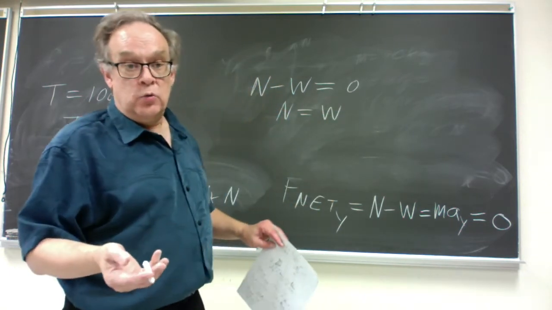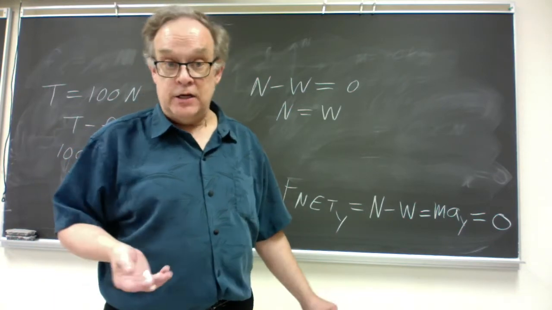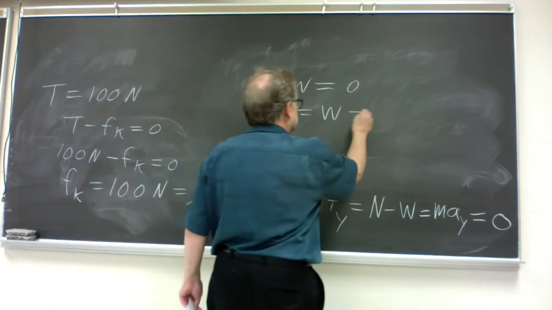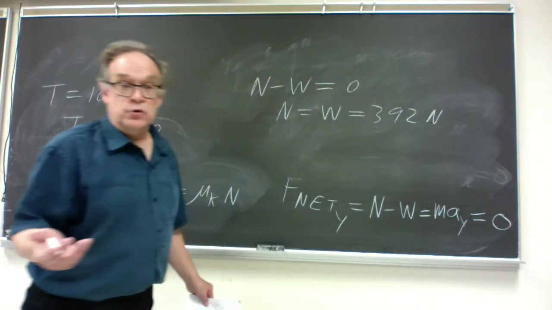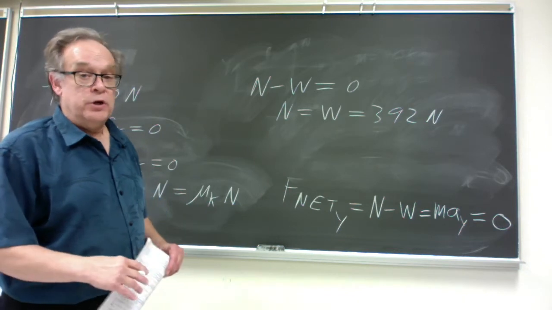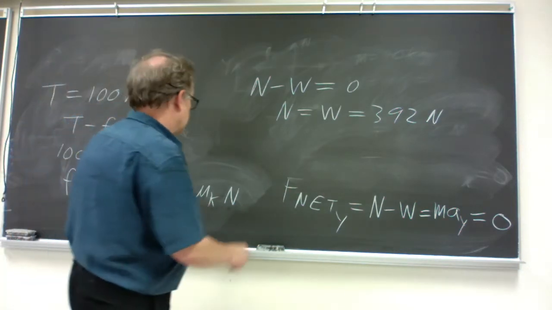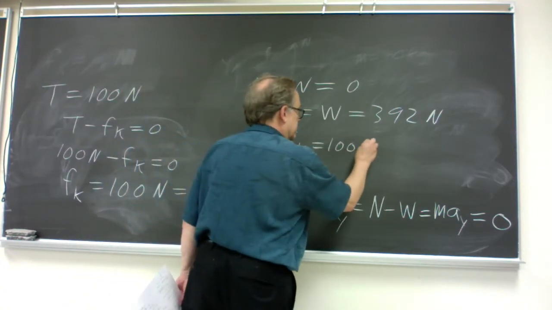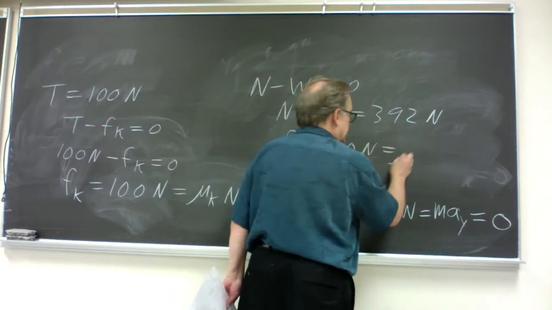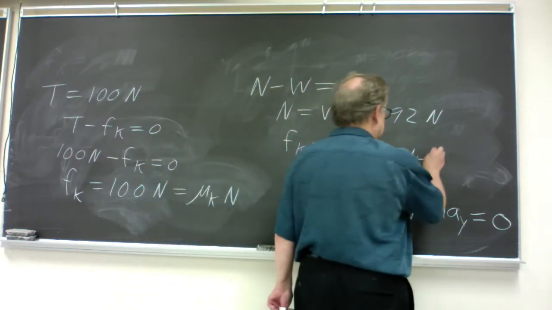And a minute ago, we said that the weight is 392 newtons. So now we can answer the problem. Now we know the numerical value of that. So we know that the kinetic friction force is 100 newtons, but kinetic friction is just the coefficient of friction times the normal force.